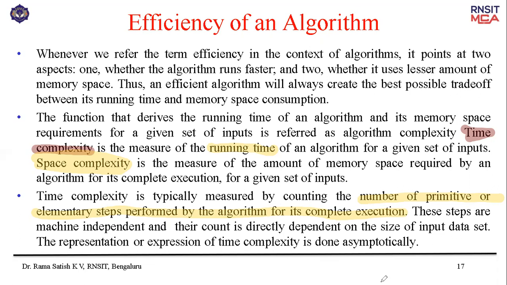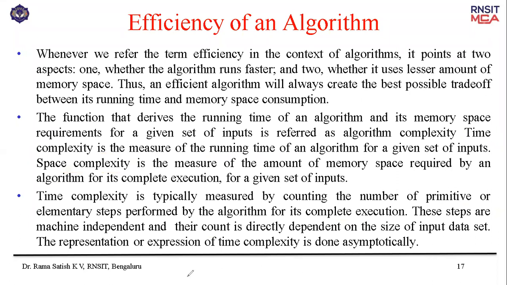And to represent and express the time complexity, we use a notation. We call it asymptotic notations. Asymptotic notations are symbolical notations that are mainly used to express the time complexity and space complexity.